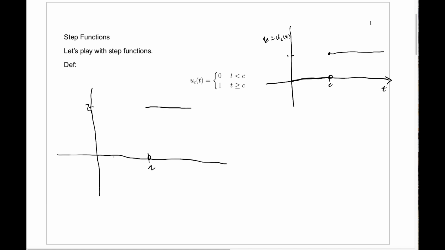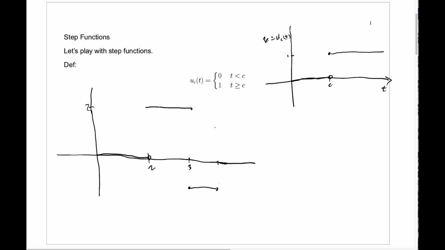So just like before, I'll say the graph looks like this: 0 there, 2 there, until we get to 3. And at 3 it becomes minus 1. And then at 4 it becomes 0 again, and is 0 after that.